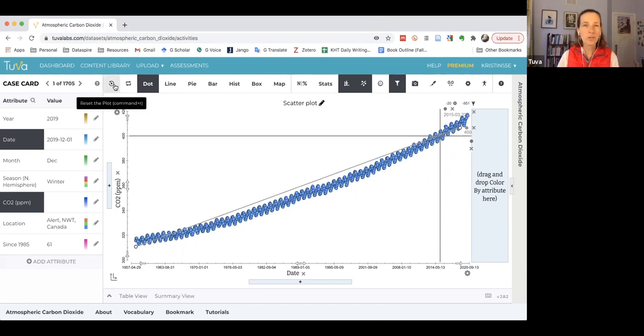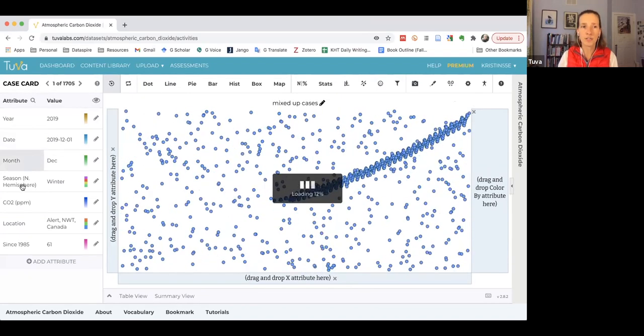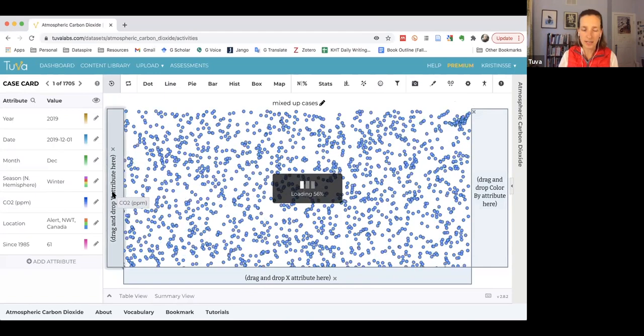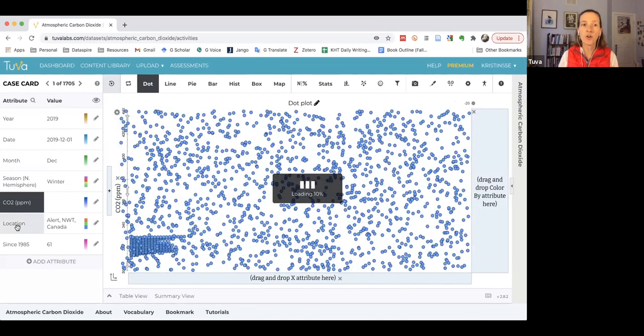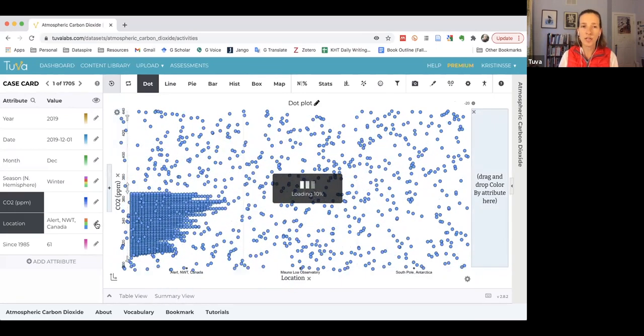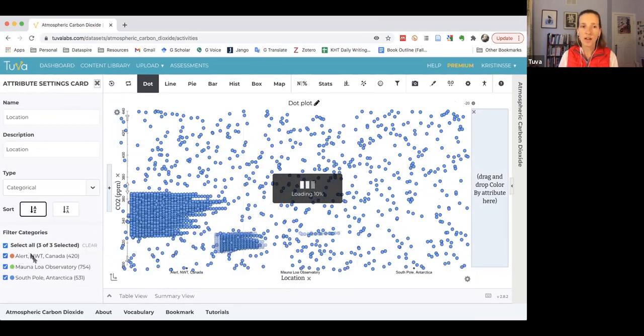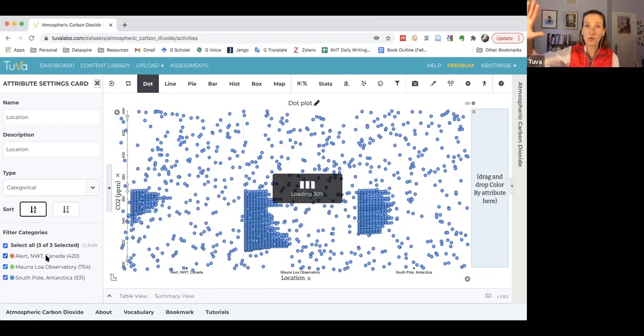But what's going on around the world? Is it similar around the world? So let's reset. Again, we're interested in carbon dioxide, but this time we're comparing across locations. Remember, we've got these 3 locations of data. We've got Alert, Canada, really far north, close to the North Pole.